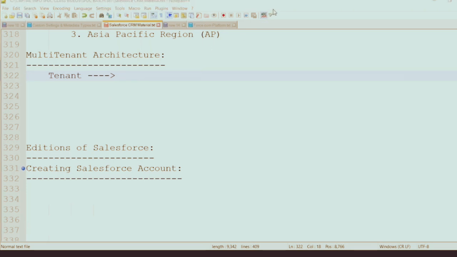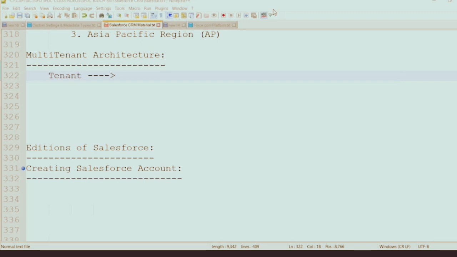Tenant in the sense what? For example, I'm staying in a flat, but I'm not the owner of the flat. I'm utilizing that flat on rent. Then I will be referred to as what? Tenant. Now, for example, we are having the session in this classroom. This classroom is not the own property of Capital Info.